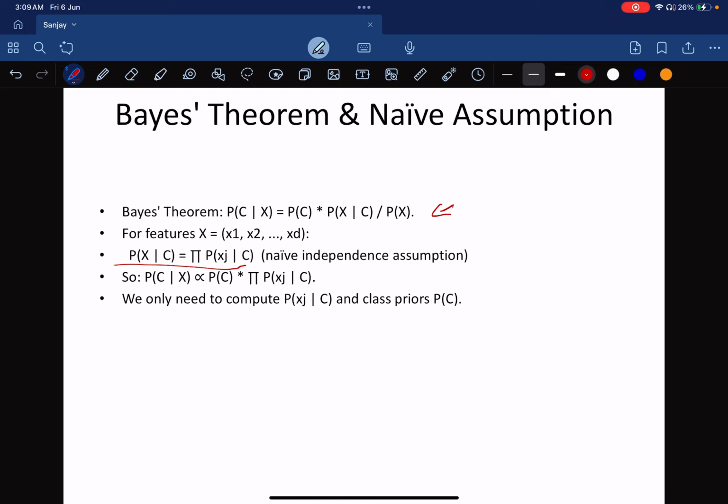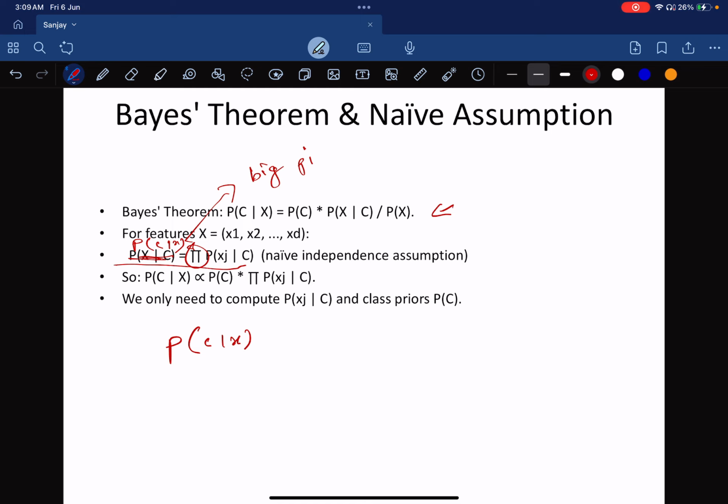If I expand this, it will look like P of C given X. This is read as big pi, and it's similar to a summation.